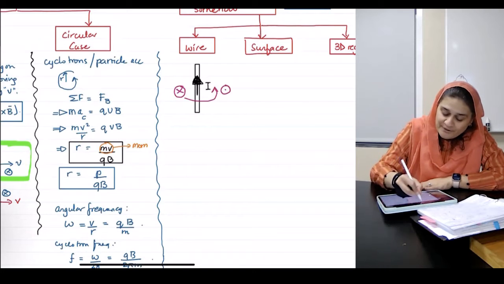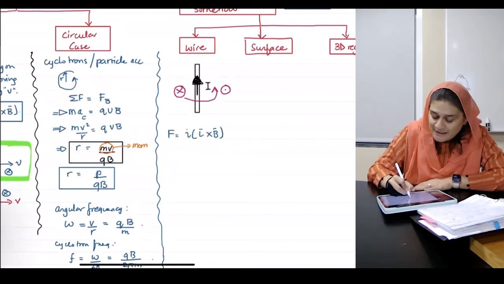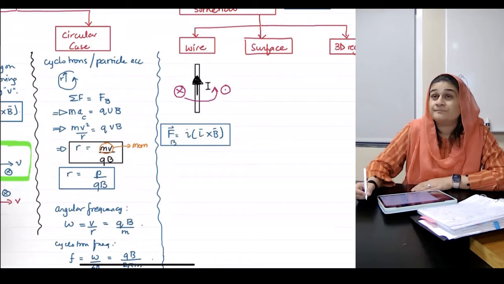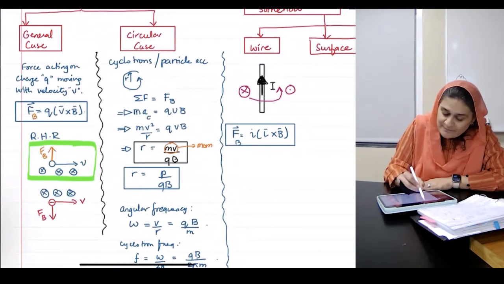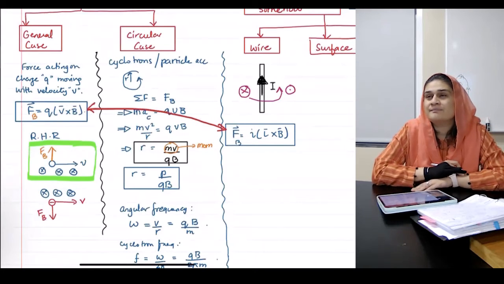And what's the formula that we learned in intro? F was I L cross B, where L is the length, I is the current, and B is the field. It's almost the same thing. If you look at them side by side, do you see the similarities?